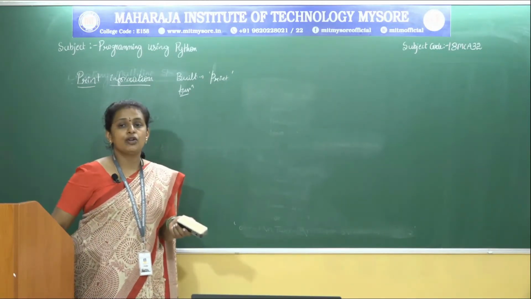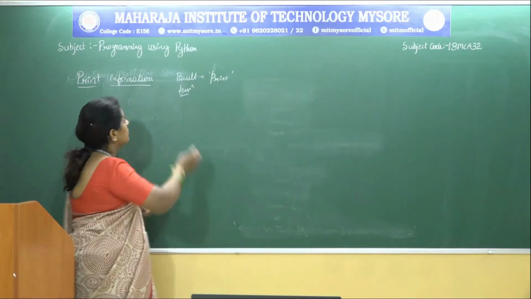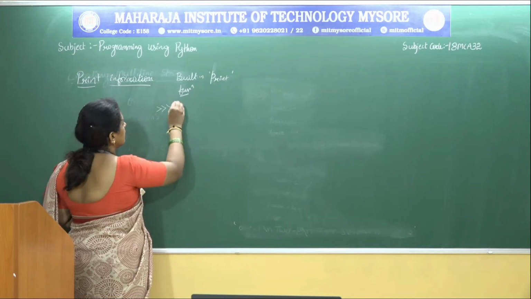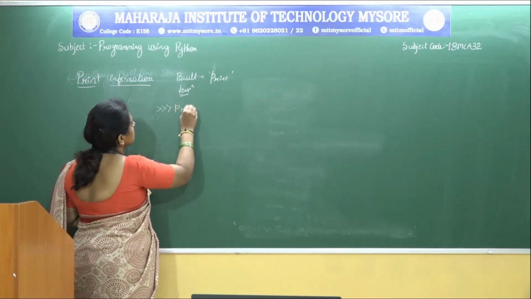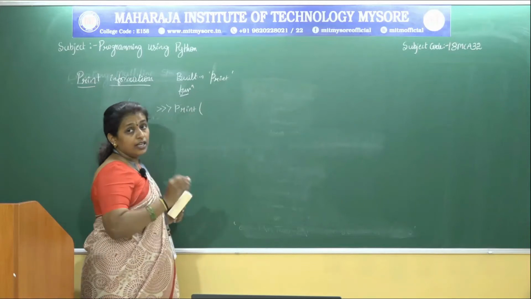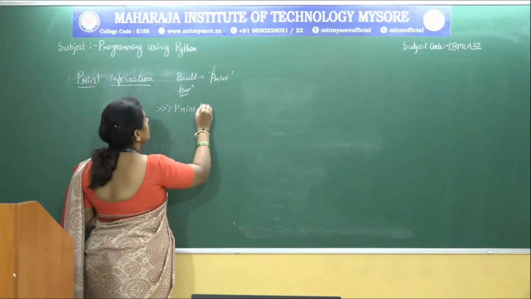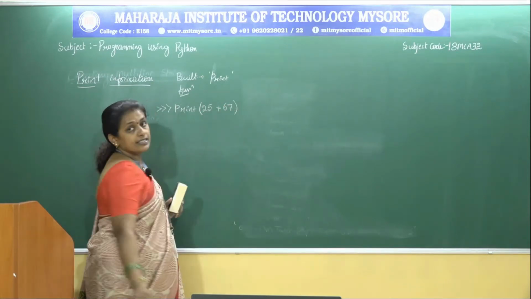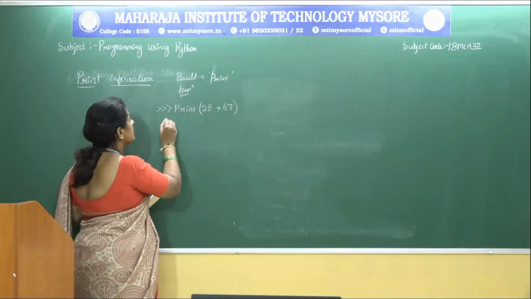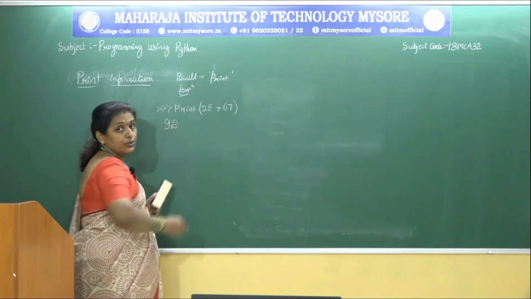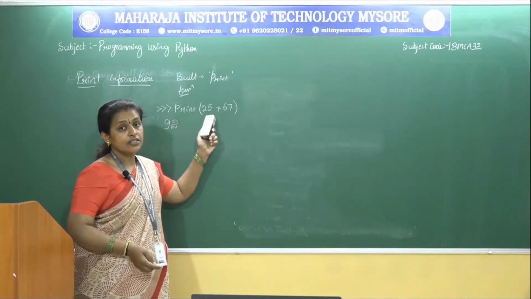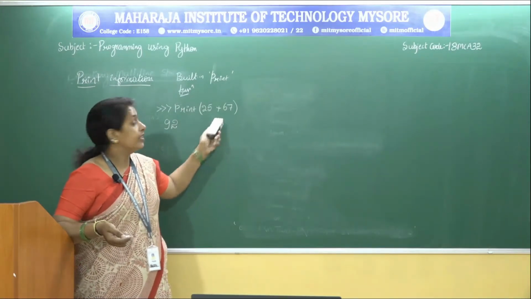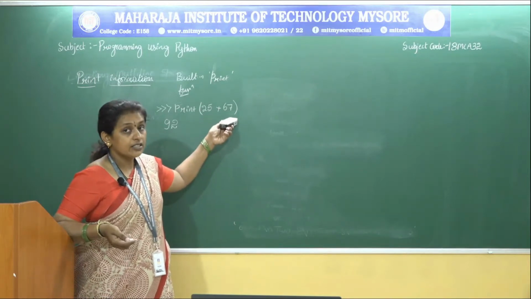Let me give an example for those things. So here, lowercase p print, here I am passing values. So 25 plus 67 and I will get the output as 92. You know how to evaluate the function, right? The first argument will be evaluated from left to right.